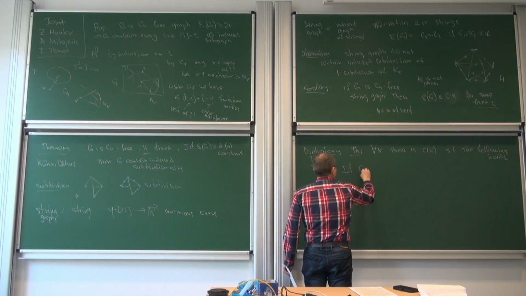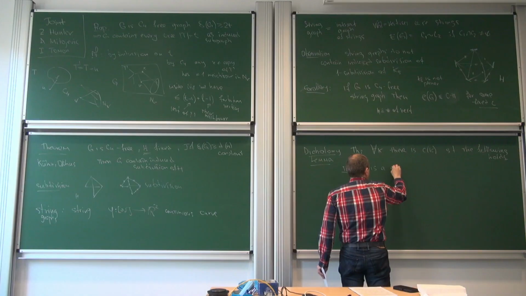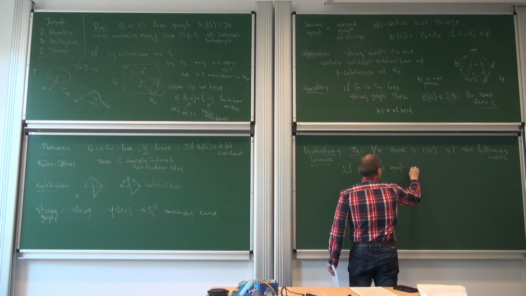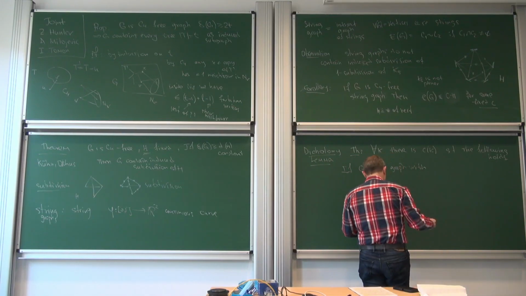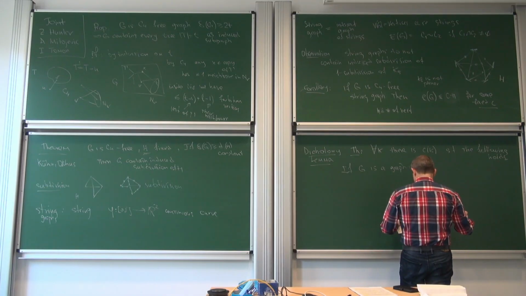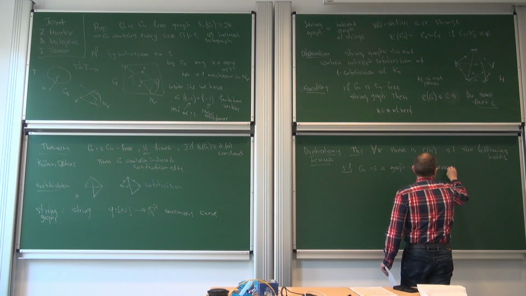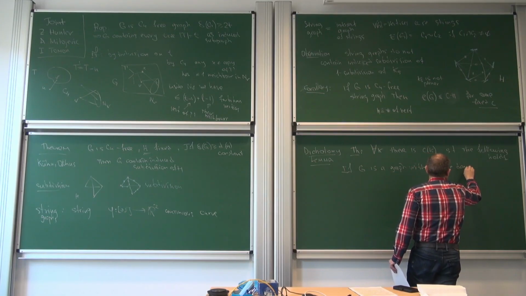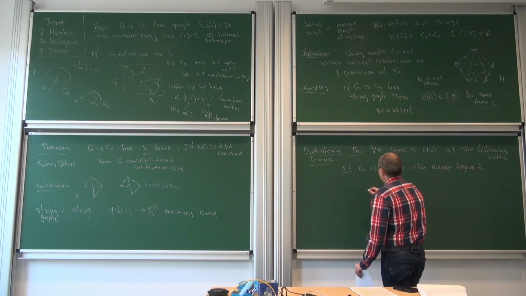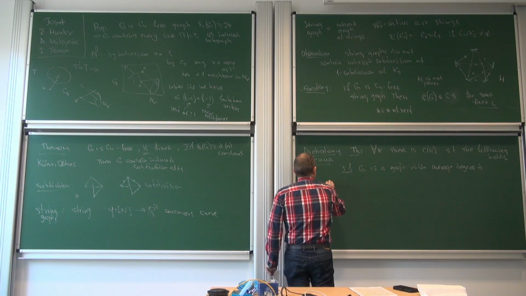If G is a graph with average degree D, then I have two scenarios.